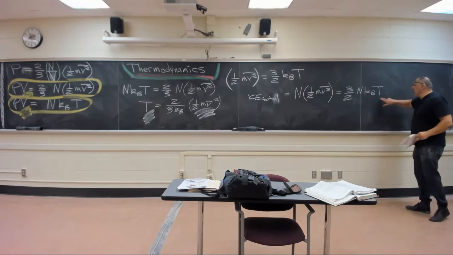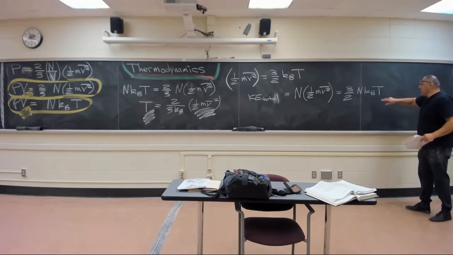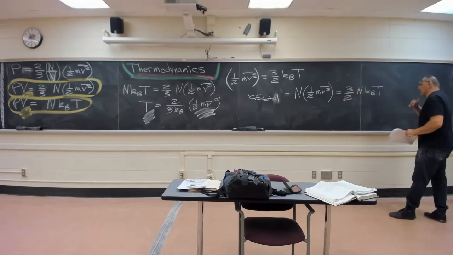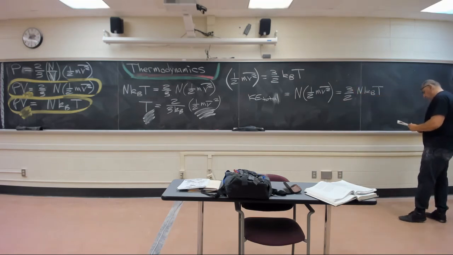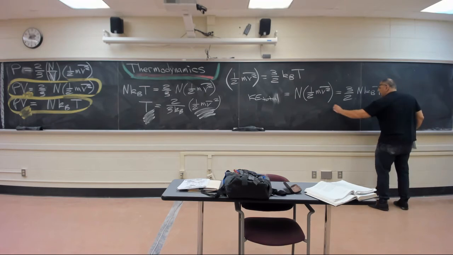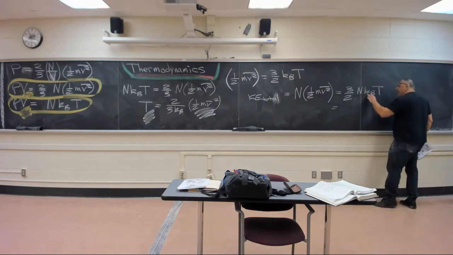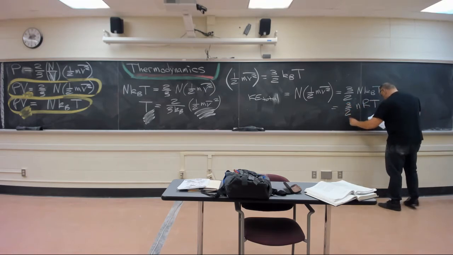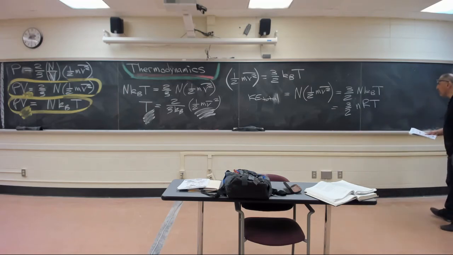This N k_B T looks like the nRT. There's just the 3/2 here. Yeah, big time. This N k_B T is nRT. 3/2. Whoa.